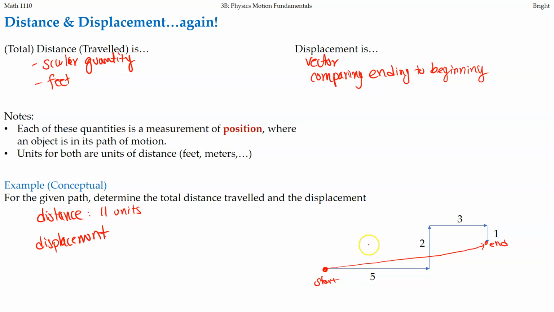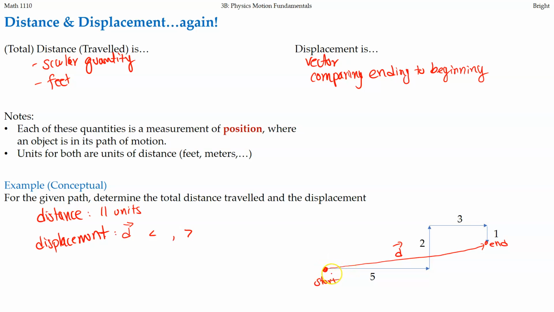To describe this vector I need direction and magnitude, or I could also use the angle bracket notation. We'll go through all of these again.